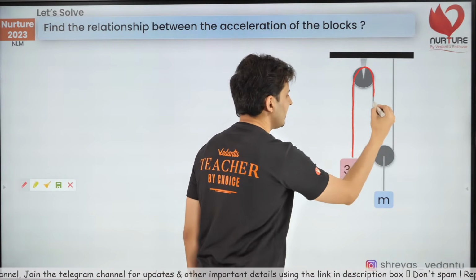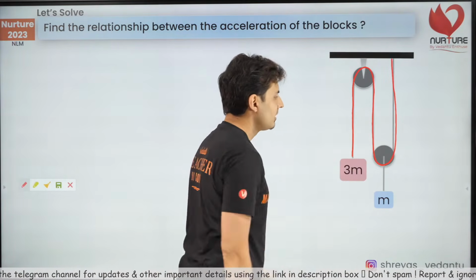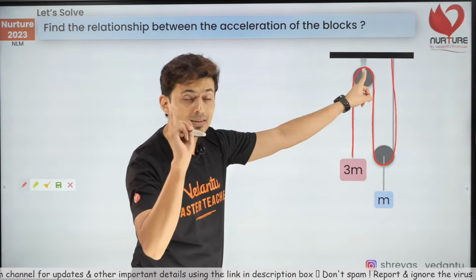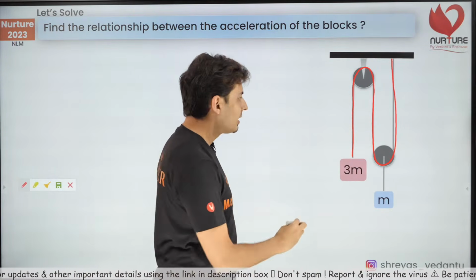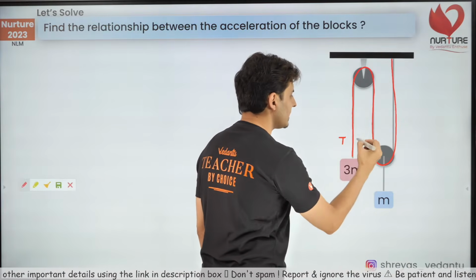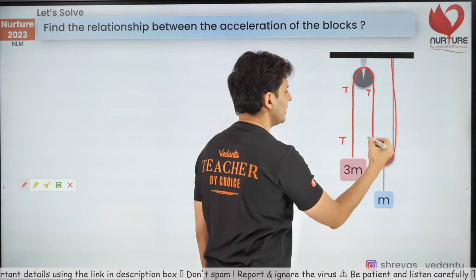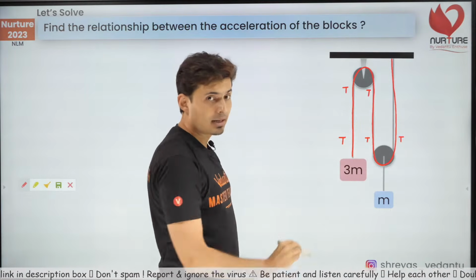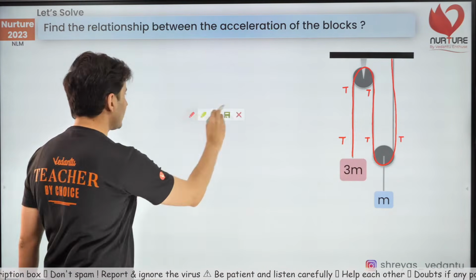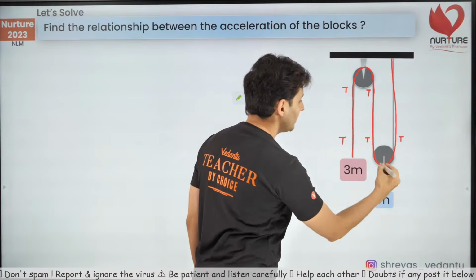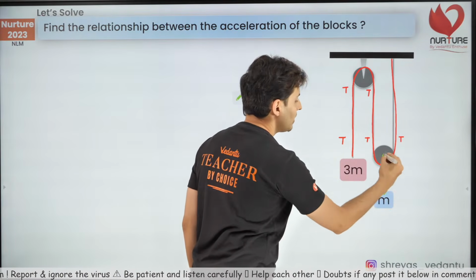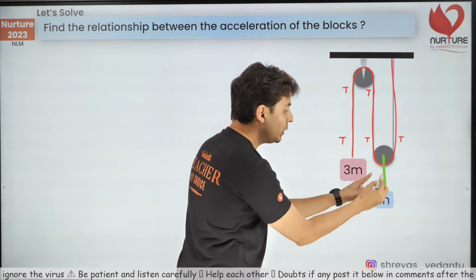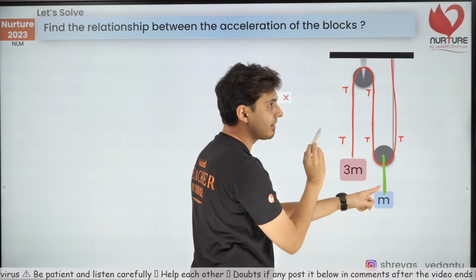Okay, look at this. This entire thing is one single string, right? Cool. Now, if the tension in this string is T, this will be T here, T here, T here, T here. Everywhere it will be T. Correct? But this string over here, look at this. If you look at this string, it's different from this red one.